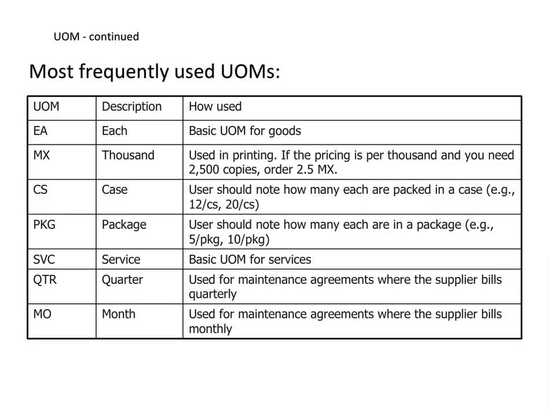While there are more than 100 UOMs available to choose from in the system, the most frequently used ones are each, or EA, which is the basic UOM for goods; 1000, represented as MX, which is used in printing, where pricing is typically based on a unit price per 1,000; case and package, which are terms used to describe multiple items packed and sold as a single unit; service, or SVC, which is the basic UOM for services; and then quarter and month, which are used frequently for maintenance and other time-based agreements and are chosen based on how the supplier will bill.